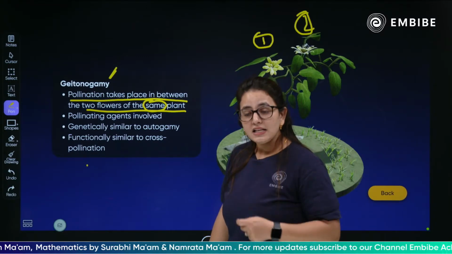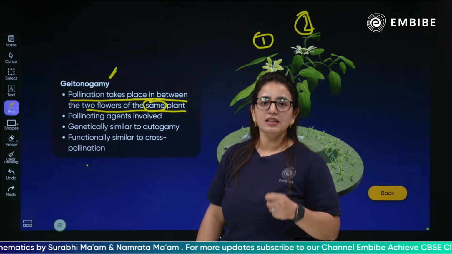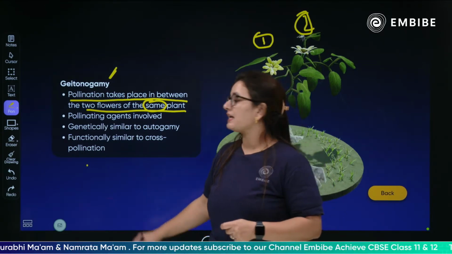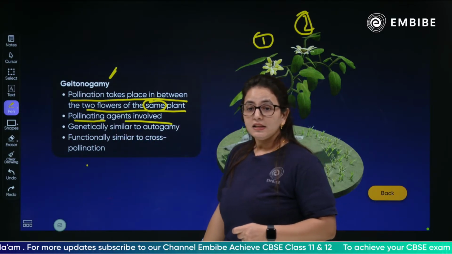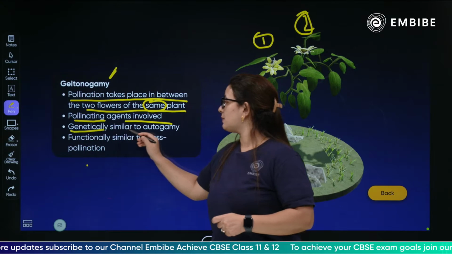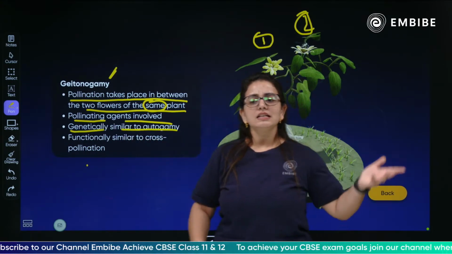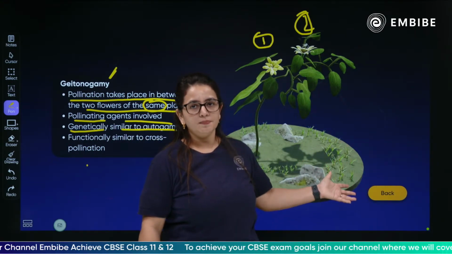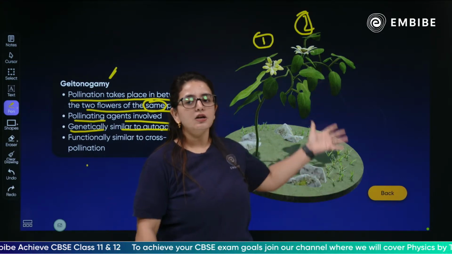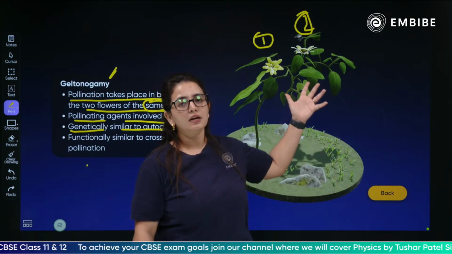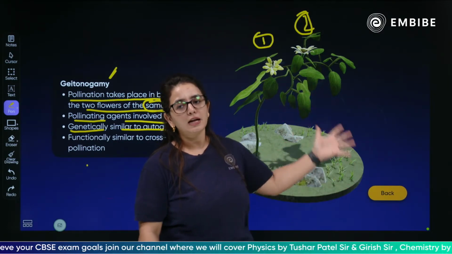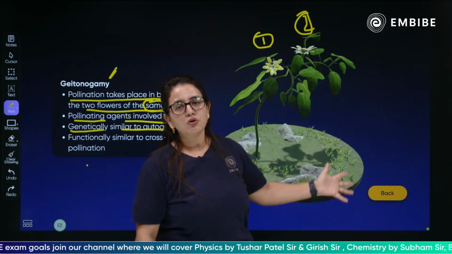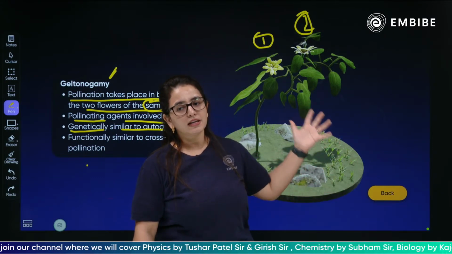Yes, in this we need pollinating agents, and it is also genetically similar to autogamy. Of course, same plants only. When it is the same plant, genetic variation will not be present. So that is why it is also a type of autogamy.